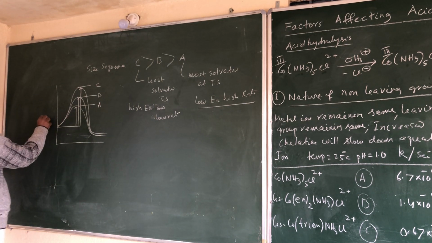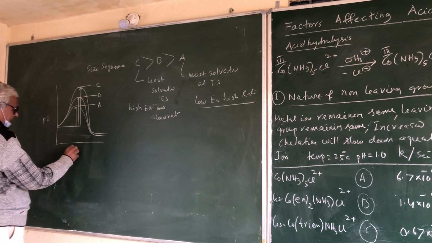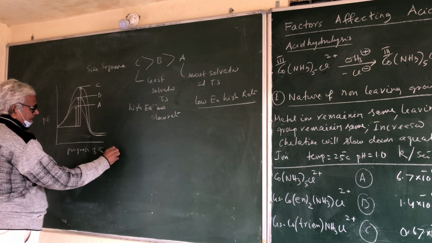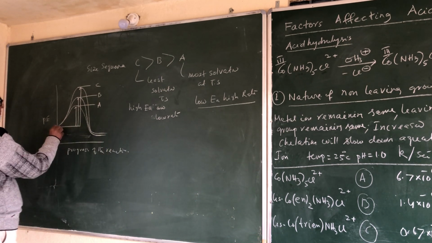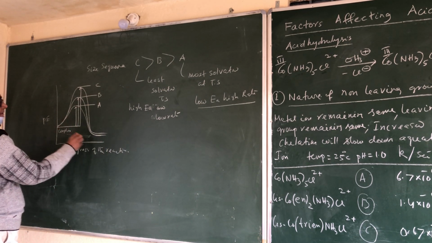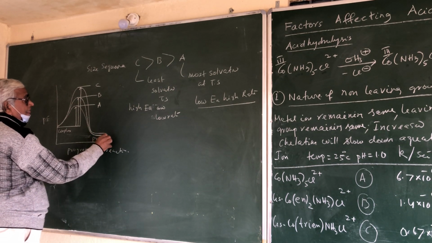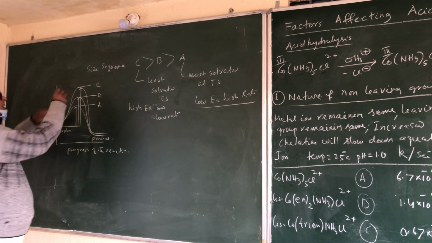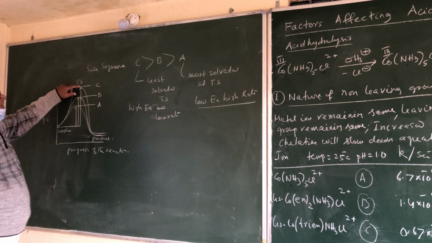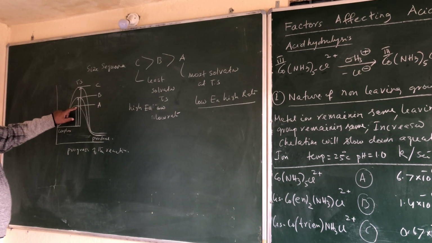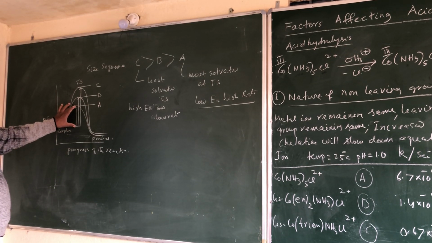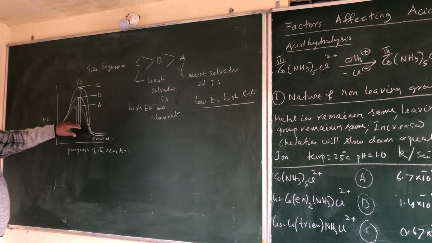This is your potential energy, progress of the reaction. So complex giving product. So C is least solvated. Therefore, at the transition state, the energy will be highest here. Here this is the energy of the transition state. Energy of the transition state low, therefore activation energy is lowest here, therefore rate high. And activation energy high, therefore rate low.